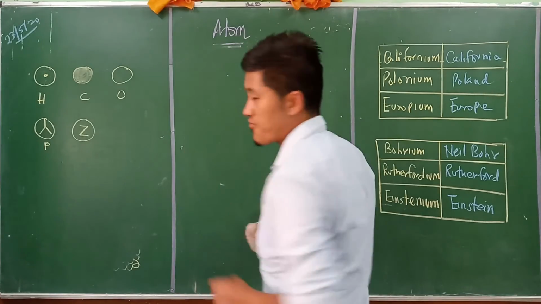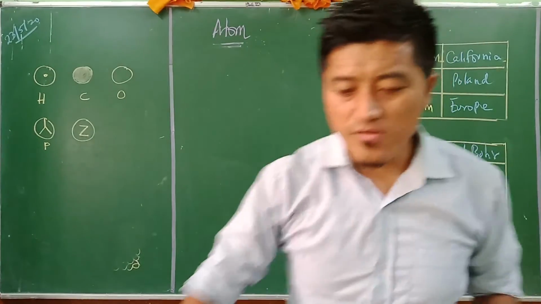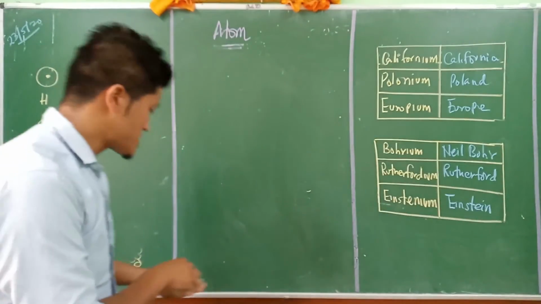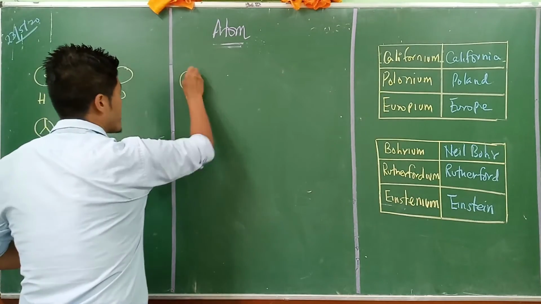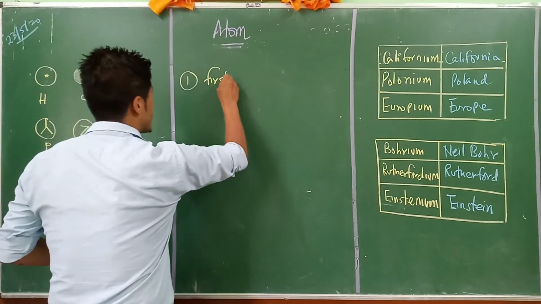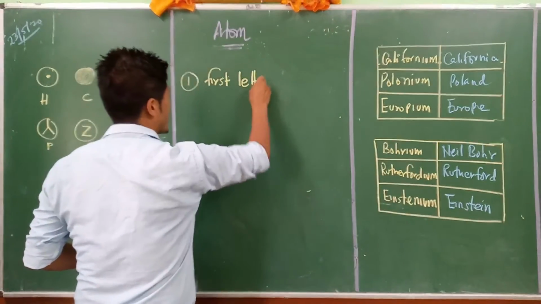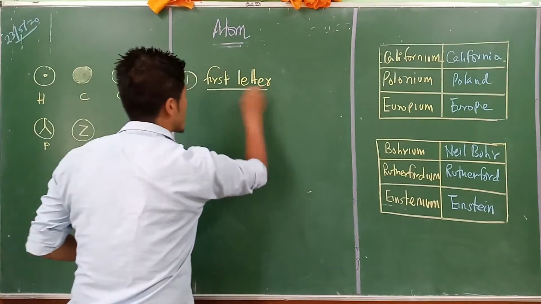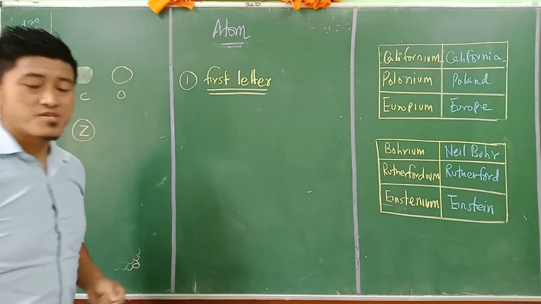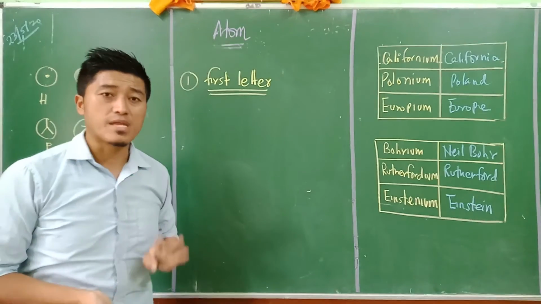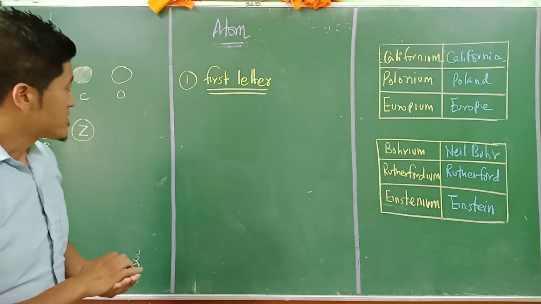So this was not convenient. What the scientists tried to do was adopt 4 different methods by which they could name the elements. The first method is the first letter.